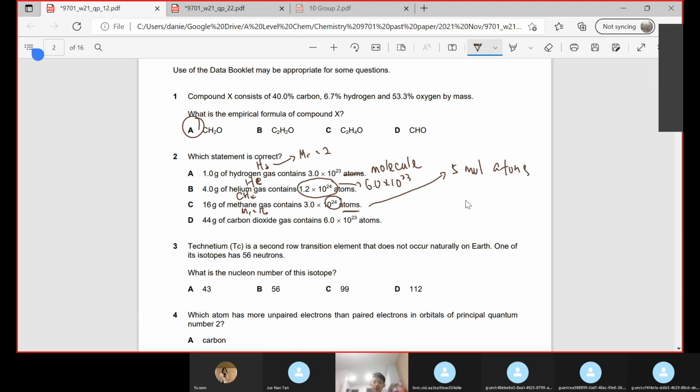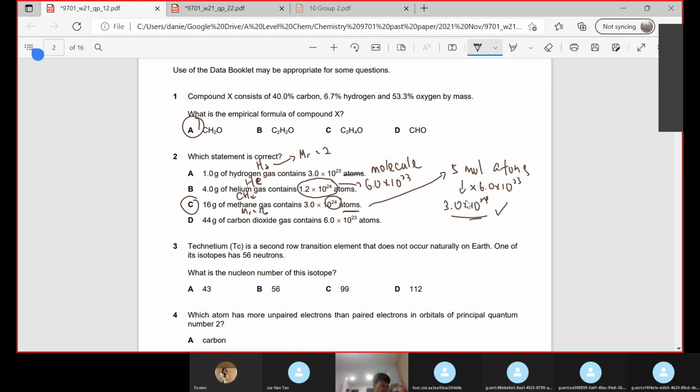So you multiply 5 mole by 6.0 times 10 to the power of 23, and you get 3.0 times 10 to the power of 24. So C is the correct answer.